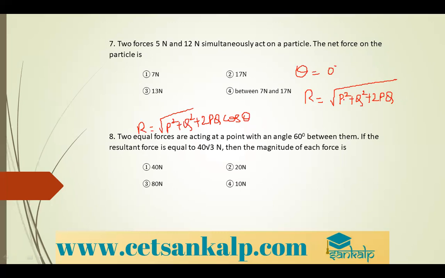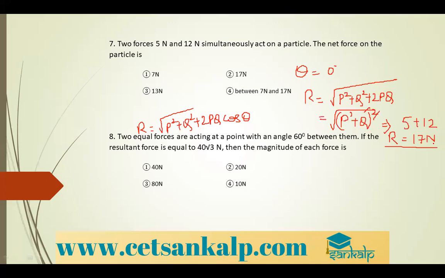Now you can see it is in the form of A square plus B square plus 2AB. That can be written as P plus Q the whole square under the root. So root and square get cancelled. I can substitute the values as 5 plus 12, which is 17 Newton. That is the first scenario.